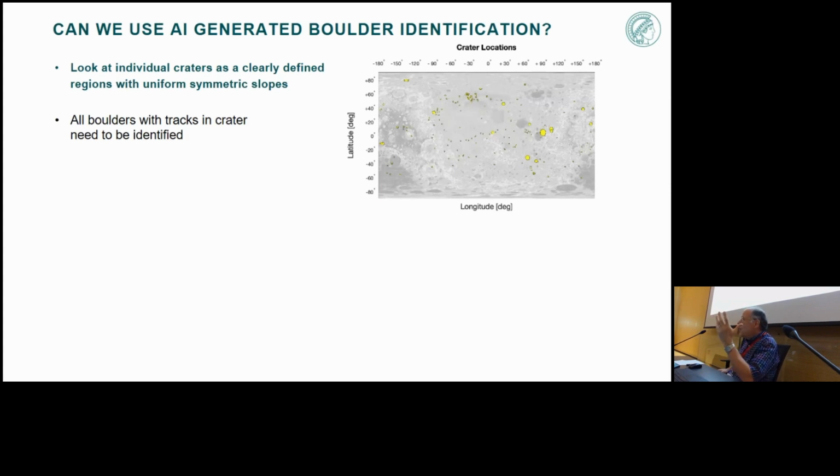And we have chosen something like 180 craters all over the moon, and we're with imaging directly searching, looking for those boulders. We tried really to use exactly the same image database which the artificial intelligence had.